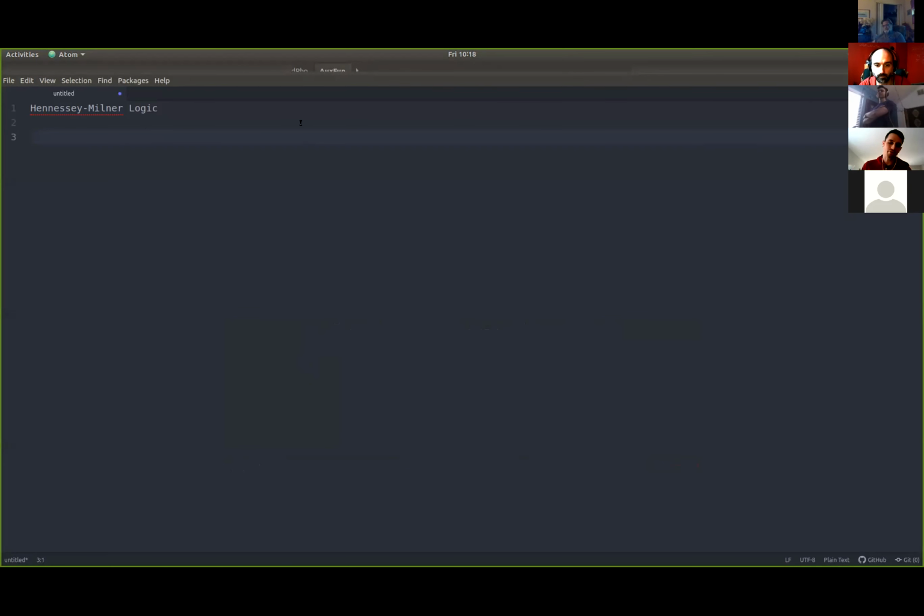Okay. Yeah. All right. So let's see. I guess I'll share my screen so we can have some common stuff here. Just like with rho calculus, we have a logic, so we have to define what the terms in our logic are.